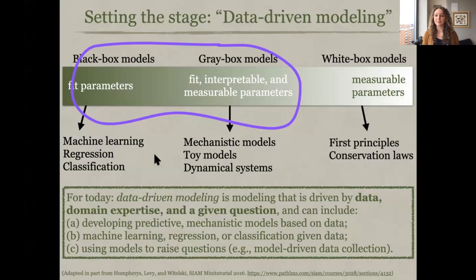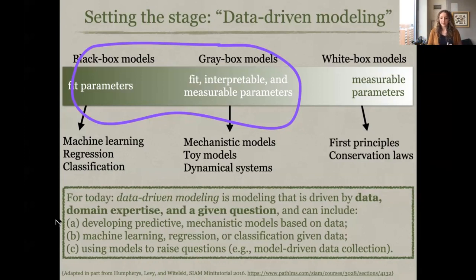There are many different definitions a person could have, but for today, data-driven modeling is going to be mathematical modeling that is heavily driven by and based on data, combined with specific knowledge of the problem and surrounding a question or a goal that you have in mind.